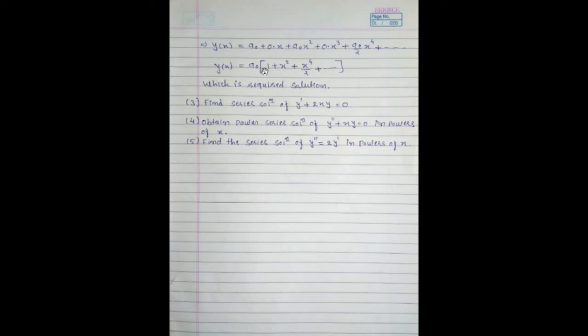Here a0 is common in each and every term. So we take a0 common. So y of x is equal to a0 in bracket 1 plus x square plus x raised to 4 by 2 plus and so on. This is our required series solution.